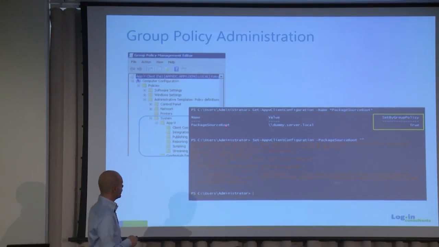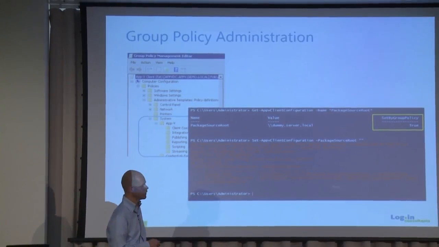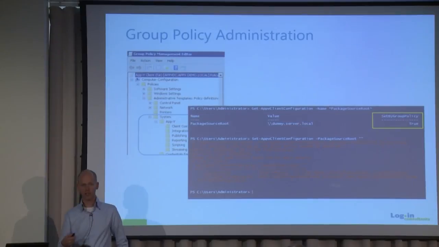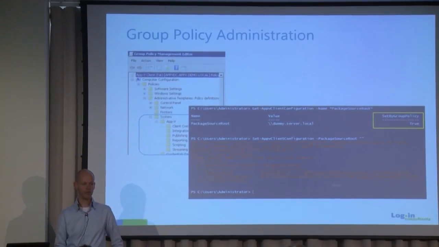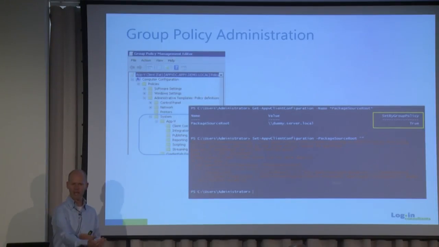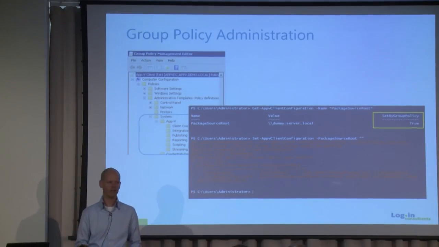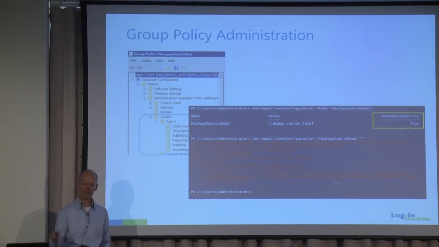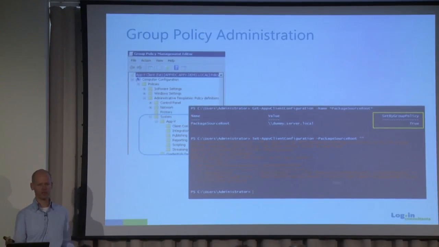You have to be aware that if you've set it, again, this is an example, packet source route, through a group policy, the client will take this as the most dominant setting. So you're in the middle of that packet source route, you try to add a package, it doesn't work, you think, I'll change the packet source route to empty, and then the AppV client tells you, no, I will not do that, because this is a group policy template, drilled down from above, so this is a mandatory setting, so you cannot change it.